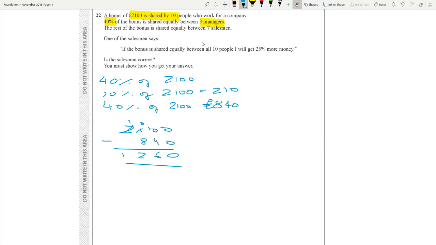So the salesmen: the rest of the bonus is shared equally between 7 salesmen. So all 7 have to share 1,260. What does each one get?